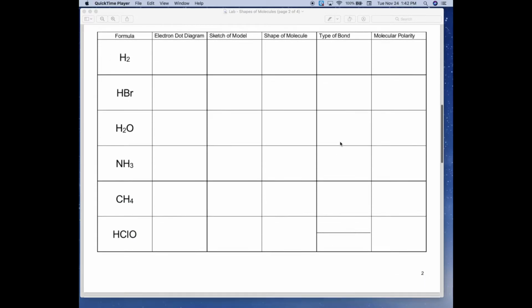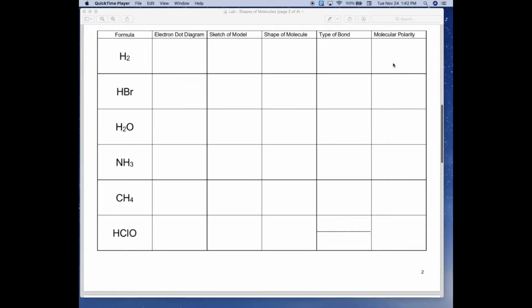Now the molecular polarity is talking about, tell me if it is polar or non-polar. Now don't just guess. Look at the entire shape of the molecule and look at the electron dot diagram. You can tell that usually if it is symmetrical, it is going to be non-polar.